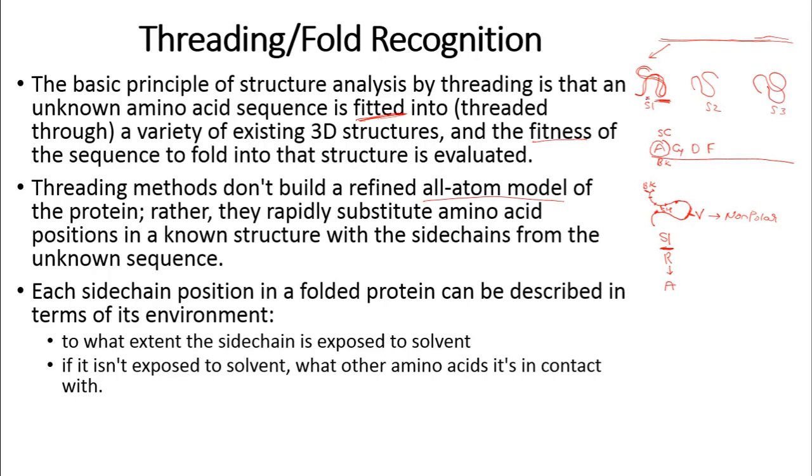If the majority of amino acids are in such a way, then you can say that you have properly predicted the fold, right? And if non-polar amino acid residues are exposed on the surface, that means that is not a proper fold for your given sequence. Okay, is it clear?